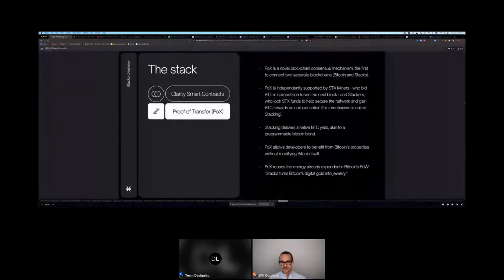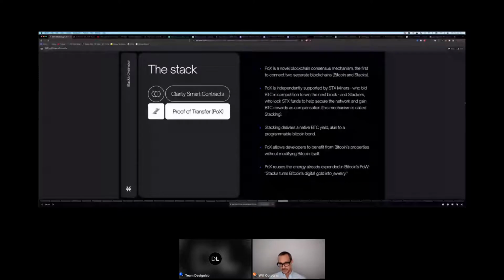What happens is, if you imagine 100 miners put 1 Bitcoin each into a block and they compete for that block, let's say the winning miner gets 5 Bitcoins back. Well, the other 85 don't just get burned. All of the validators on the Stacks network can actually stack their Stacks and get a percentage.